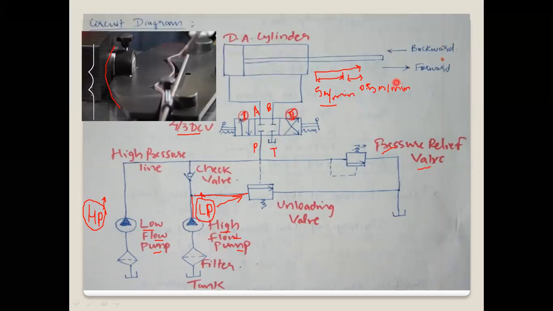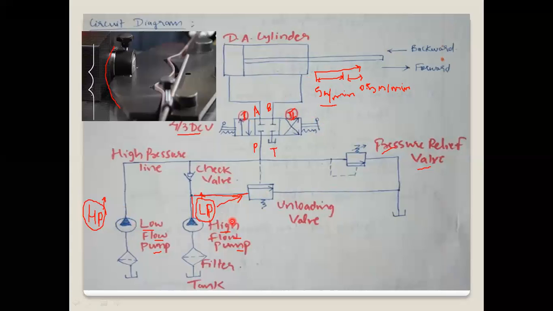Finally, for the pressing, the low flow pump will be operating majorly, and at that time the oil from the high flow pump will be going to the tank through the unloading valve. In this way the pressing is done, while the retraction will be as fast as possible, because the oil supply will be from both the low flow pump and the high flow pump.